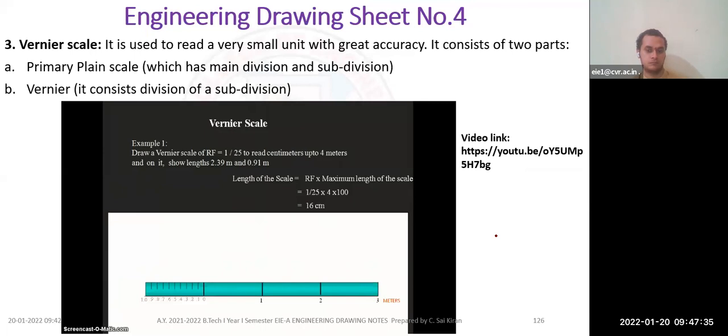Here, first I am representing the units. Main units are in meters and subunits are also in meters like 0.1, 0.2, 0.3. Next, we can also divide the remaining divisions into 10 equal parts for representing the decimal values of the meters. That is 0.1, 0.2, 0.3 meters.